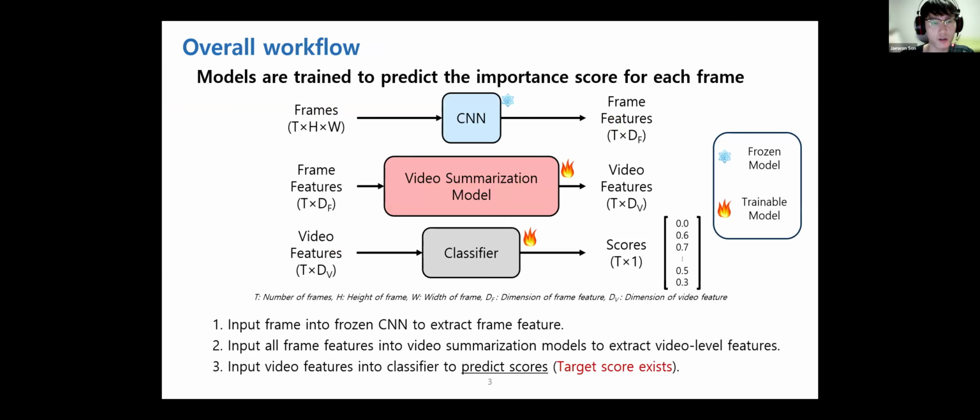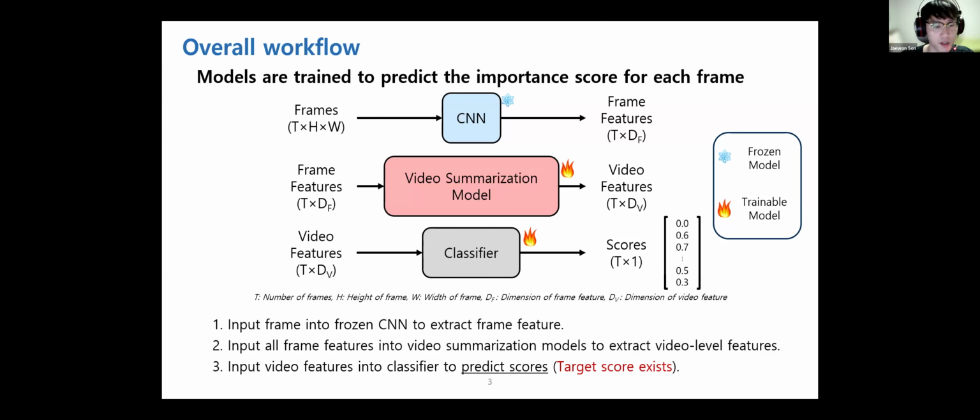This is the overall workflow for training video summarization models. Models are trained to predict the importance of each frame. First, we input frames into frozen CNN models to extract frame features. Next, we input frame features into video summarization models to extract video-level features. We apply the frozen CNN model to each frame and the video summarization model to all the frame features.